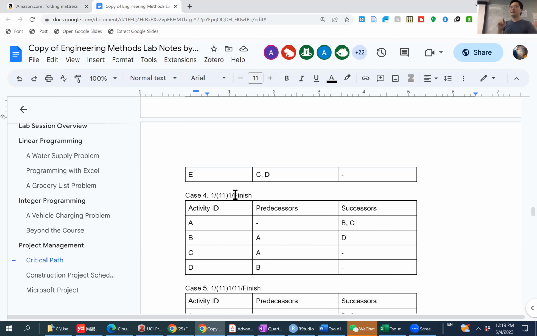What's happening there is that what's forbidden is that one same pair of nodes cannot be linked directly by more than one link. So as I demonstrated here, if this pair of nodes is connected by both activity A and B, it'll be wrong. But if they are connected through different ways, it's fine.